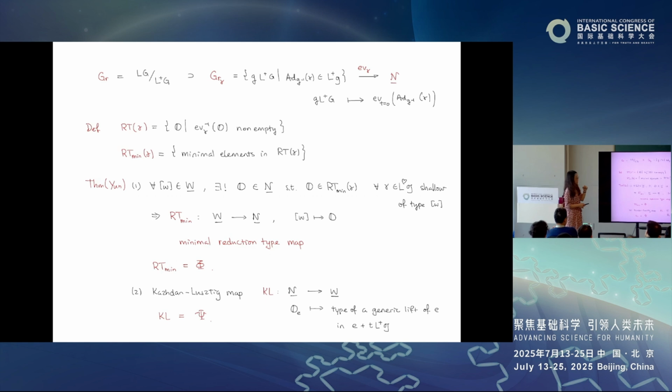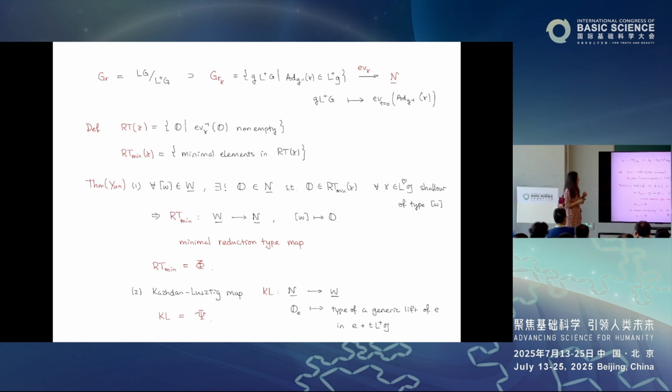And we say the reduction type of an element gamma is just all the orbits such that the fiber of this map is non-empty. Okay? So all these orbits can be realized as reductions of some elements of this form. And then we take RT min to be the minimal elements in this set of orbits. Okay? There can be several of them.